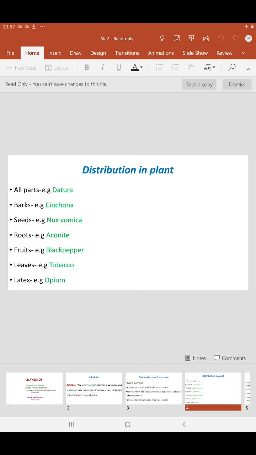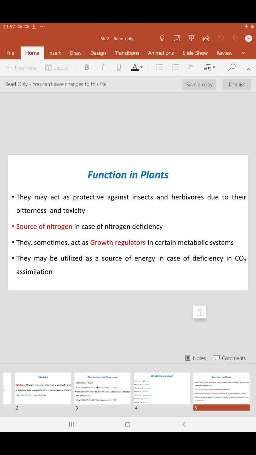Next one, functions in plants. What are the functions of alkaloids in plants? They may act as protection against insects and herbivores due to their bitterness and toxicity. Next point, source of nitrogen in case of nitrogen deficiency, which means alkaloids act as a nitrogen source for nitrogen deficient plants.